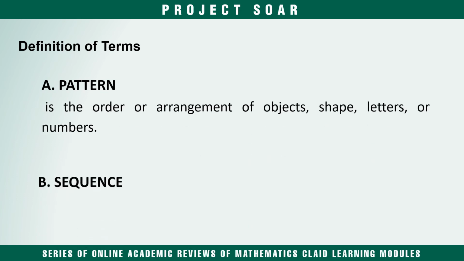First and foremost, let us be familiarized with the important words that we will be using in this lesson. A. Pattern. A pattern is the order or arrangement of objects, shapes, letters, or numbers. B. Sequence.